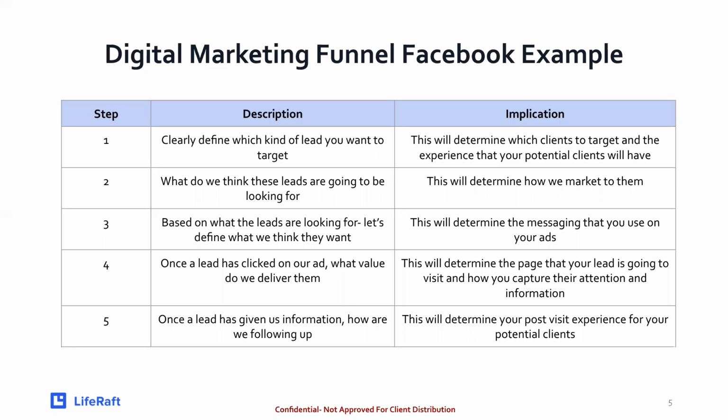And so you're going to say, my lead is somebody who is likely 30 to 40 years old, just had their first child, and is now thinking about life insurance in the greater San Antonio area. Defining with that level of specificity is going to help us target those customers when we actually get to building out our Facebook campaign.